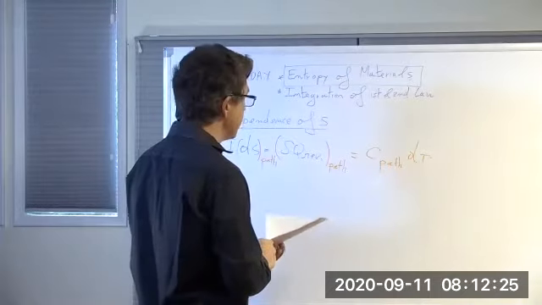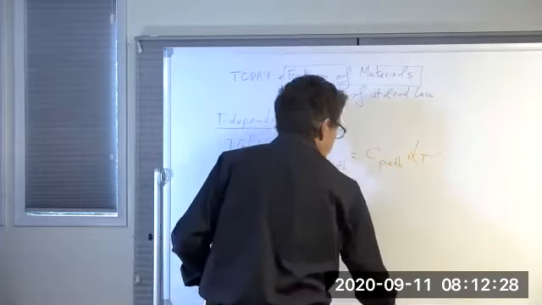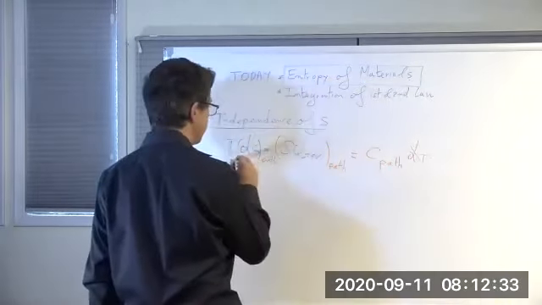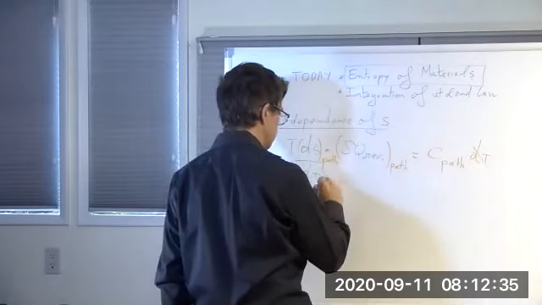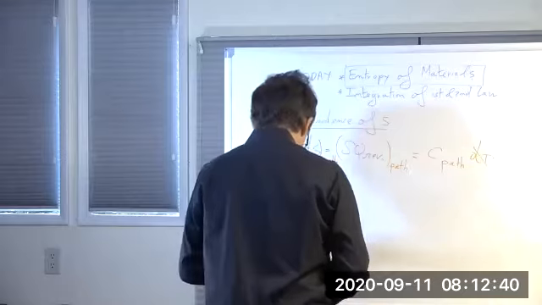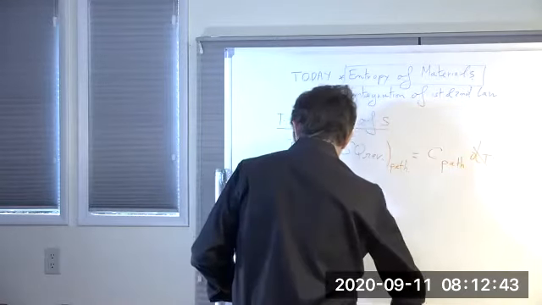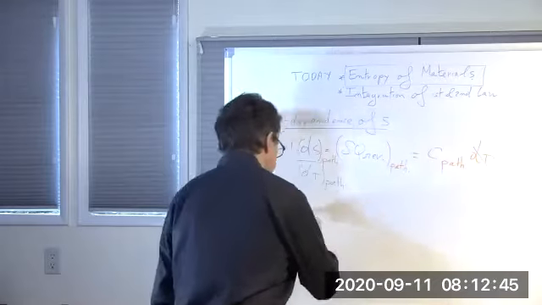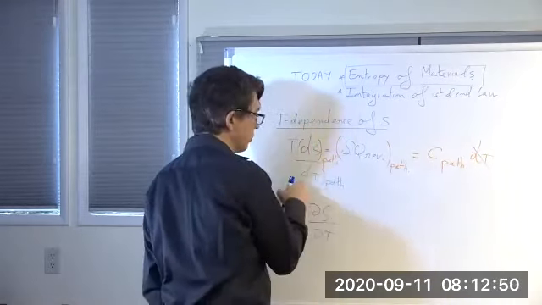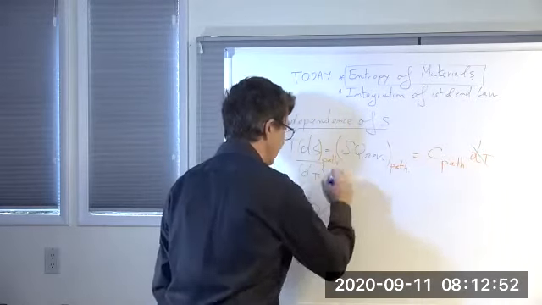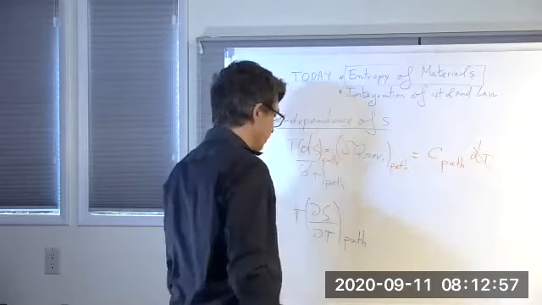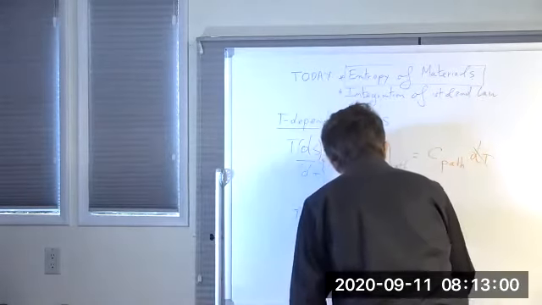But what you see now is that I can define the heat capacity from the entropy. I can divide by dT here. And so what you find is that T dS/dT, because this is the ratio of two differentials under the same constraint, so that's a partial derivative, under some constraint or along a path is the heat capacity along that path.